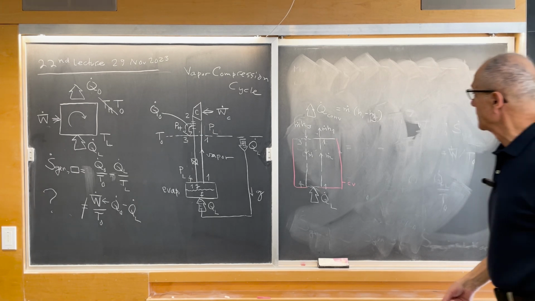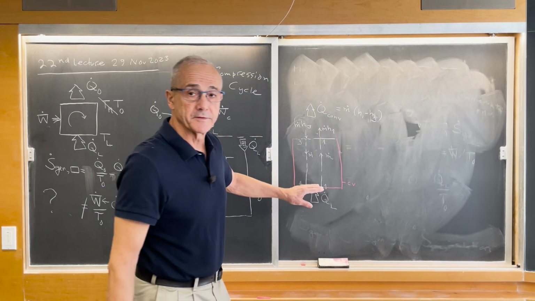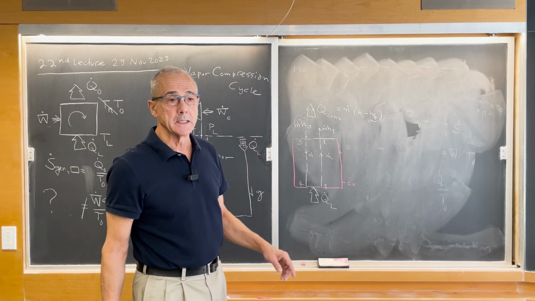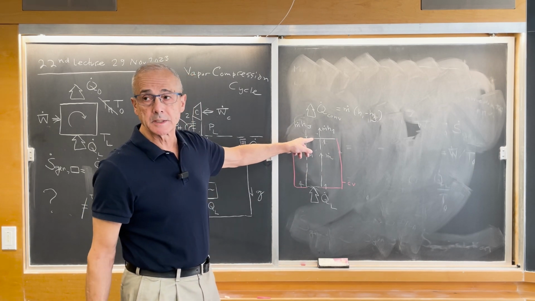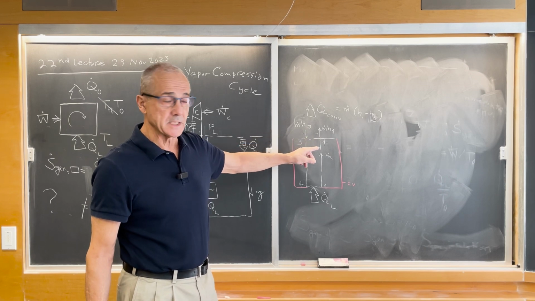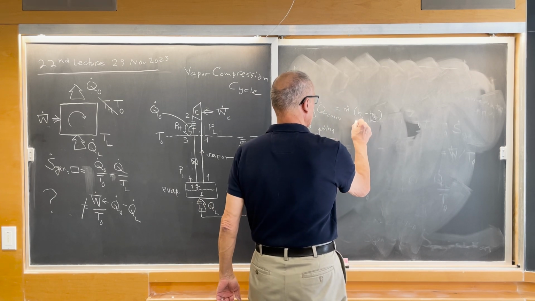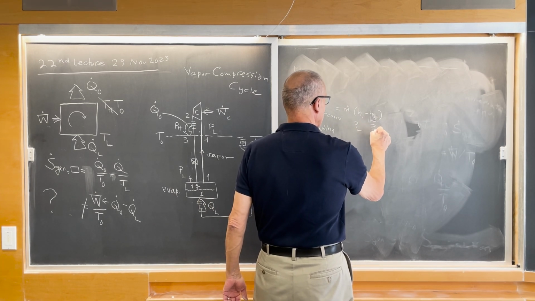Another way to interpret the physics from this drawing is that the enthalpy of the stream exiting must be greater than the enthalpy of the stream entering.